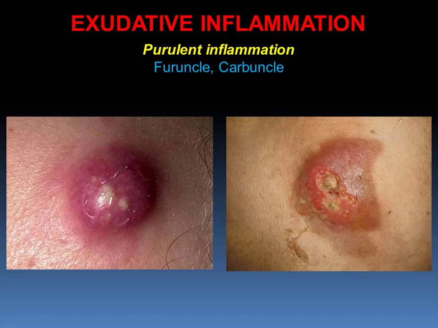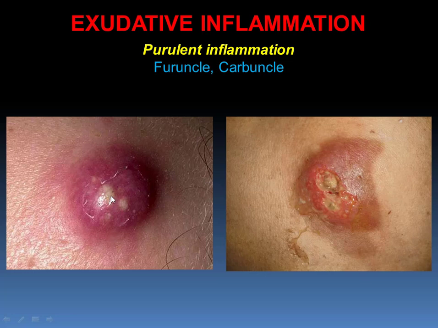Furuncle and carbuncle, both of them are necrotic and purulent damage to the skin. Furuncle is necrotic inflammation of the hair follicle, sebaceous glands and surrounding connective tissue caused by pyogenic bacteria. The appearance of furuncle is reddish, elevating over the adjacent skin area.